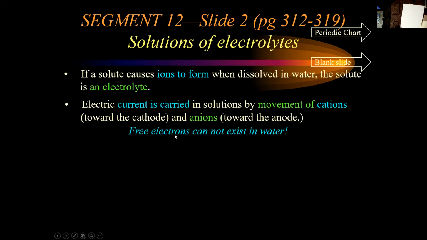Now, you can't put free electrons into water. If you put electrons into water, there's really no place for them to go. What's going to happen is, the electric field of a charge is determined by the size of the charge and the volume that the charge is in.